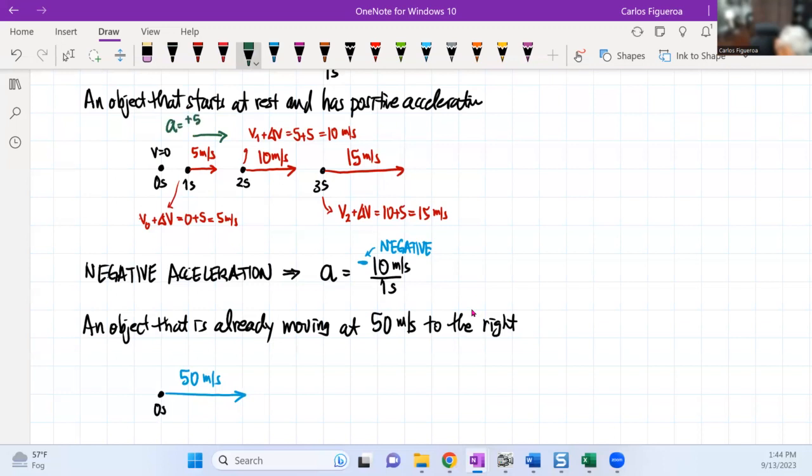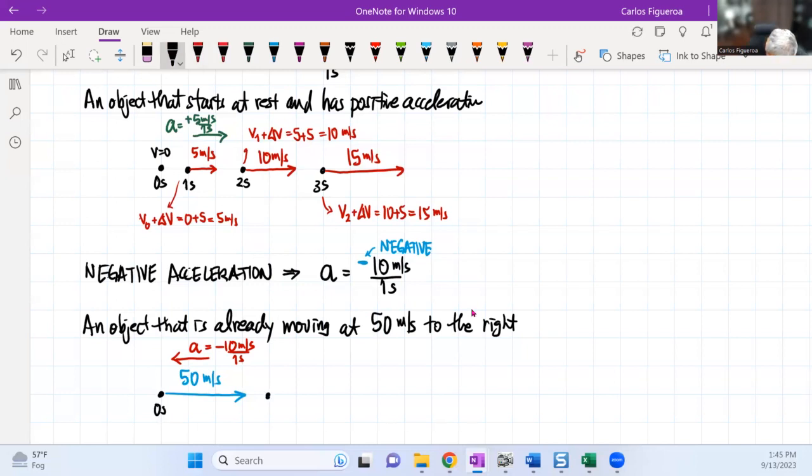I did not include that. So in this situation, I'm going to have acceleration in the opposite direction, which will be 10 meters per second every 1 second. So now what's going to happen here? Well, it's going to slow it down.